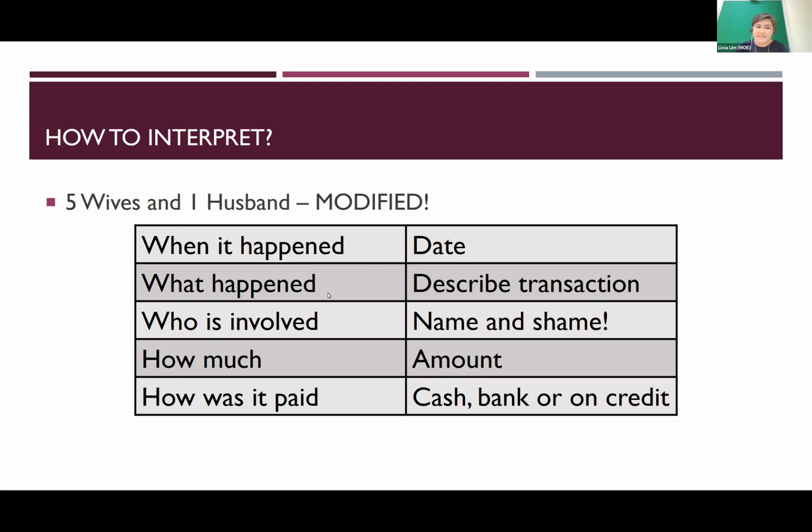So provide the date. What happened: describe the transaction. Who is involved: name them and shame them. Tell me how much is involved, so tell me what amount it is and how it was paid. Was it paid cash, bank, on credit? All right, so these are the skills that you need to apply to any of the interpret ledgers kind of transaction.